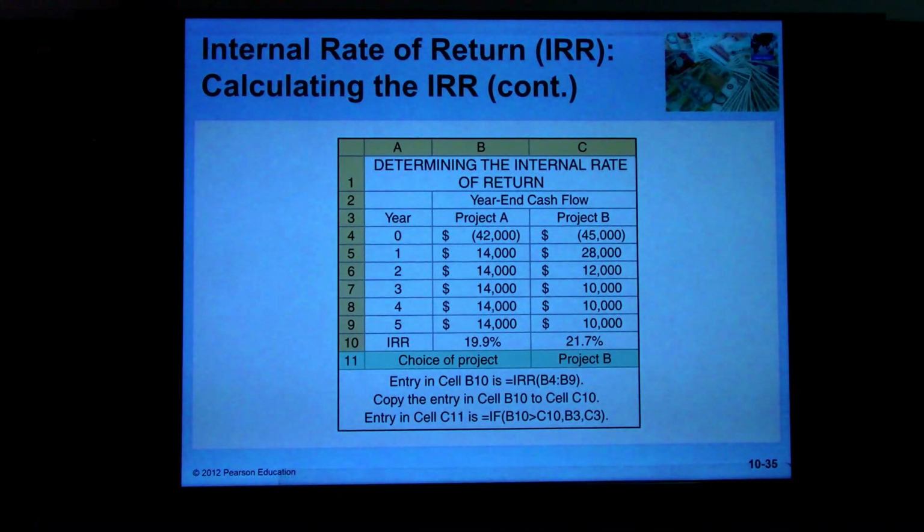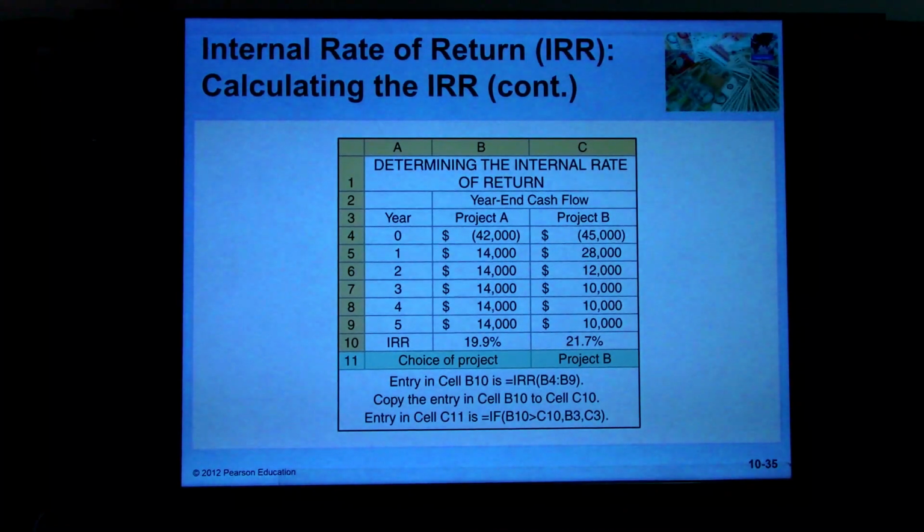As I told you, different techniques could be used, but I prefer to determine it through an Excel sheet. It could be determined as follows. Here is the year and here is project A, with years from 0 to 5. We enter all cash flows, whether outflows or inflows.